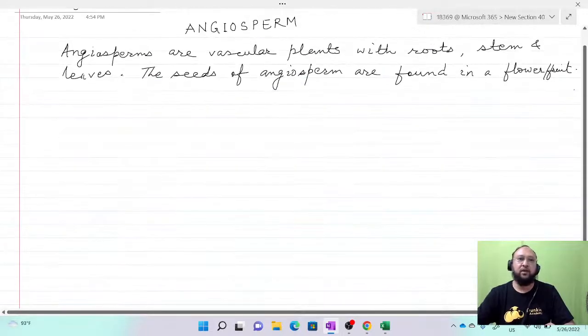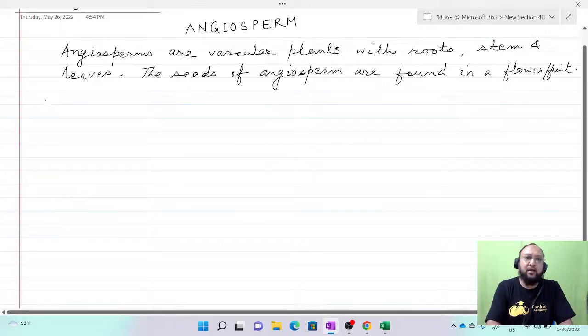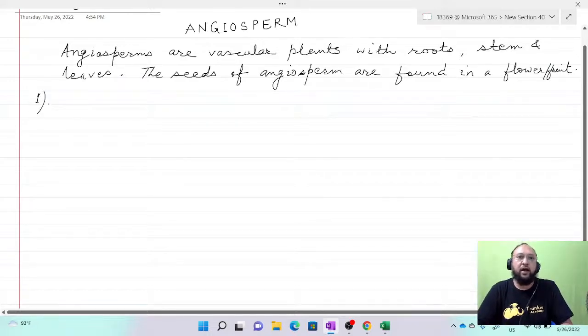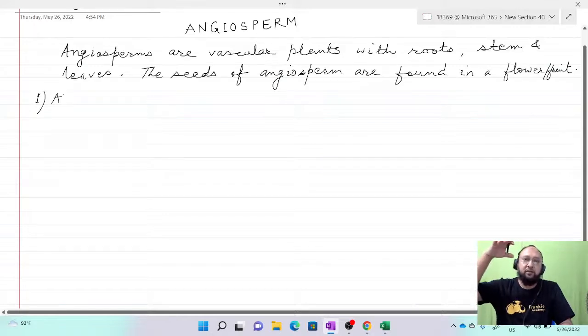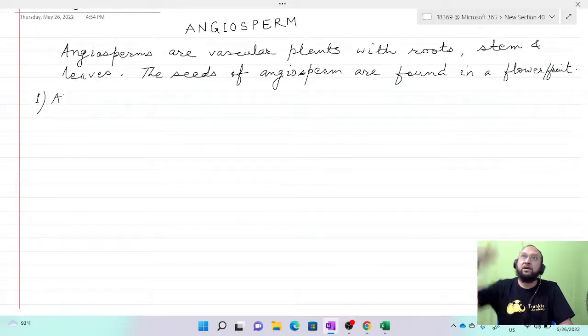Now, general characteristic features we'll see. All plants have flowers because they are phanerogames and they are called flowering plants. All members of angiosperms have flowers, whether it is a very small plant, herbs, or a bushy plant, like a medium sized shrub, or a tall tree.